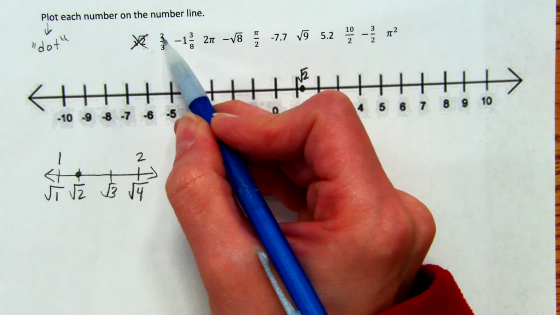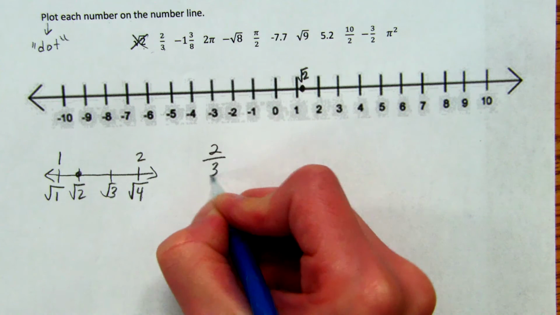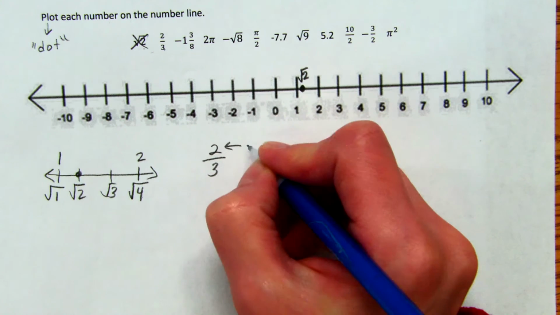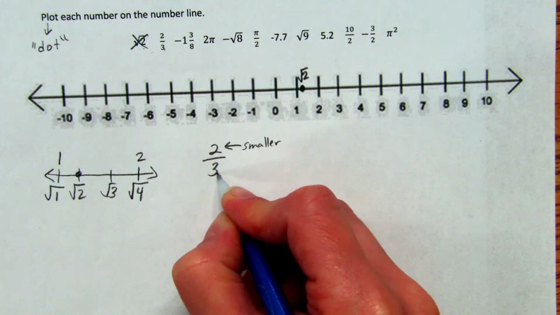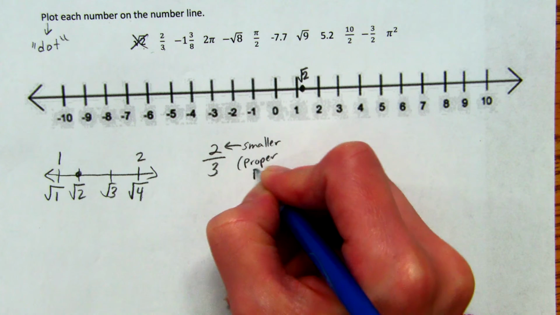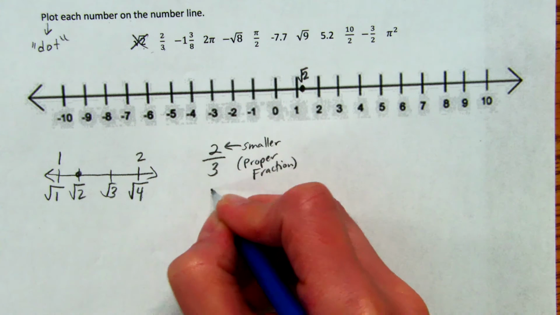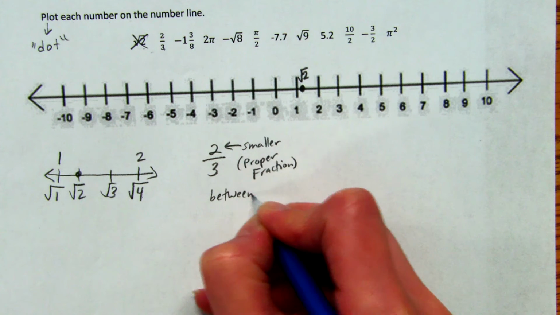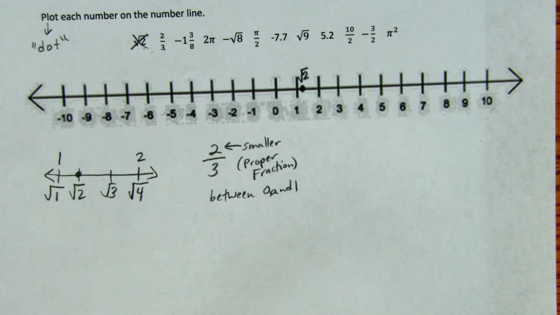The next number that we have is 2/3. I notice that the numerator is smaller than the denominator. That means it is a proper fraction, and proper fractions always go between 0 and 1.